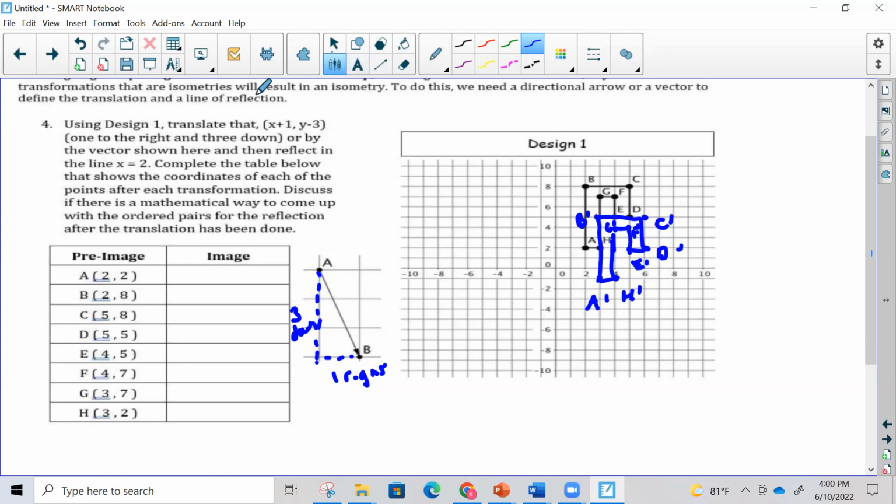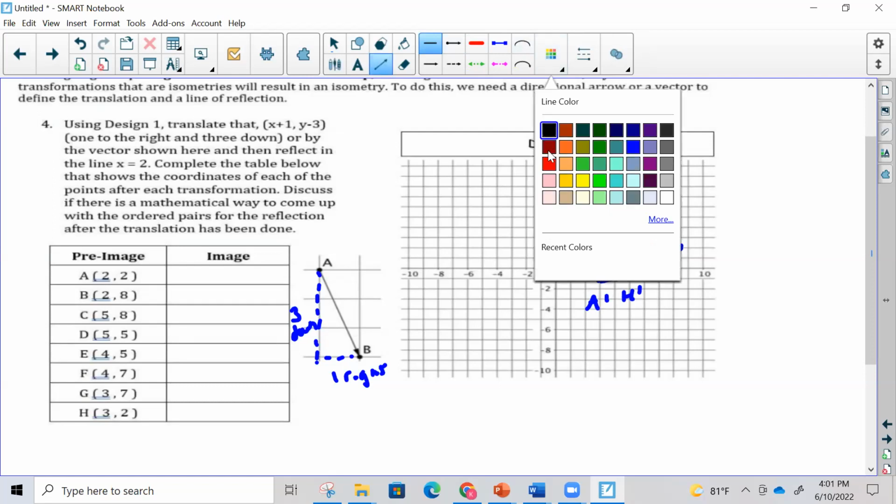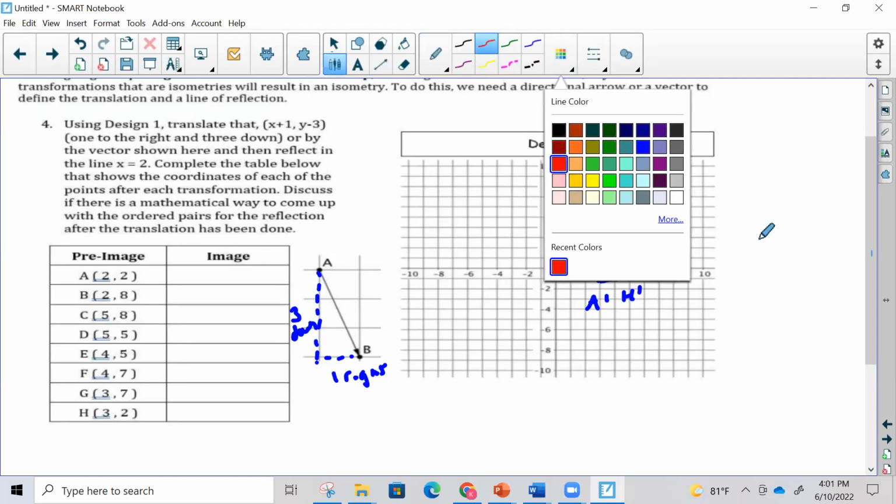And then after the translation in the glide reflection, I also reflect it. So I'm going to reflect across X equals 2. Remember, X equals 2 is a vertical line going through the X coordinate of 2.